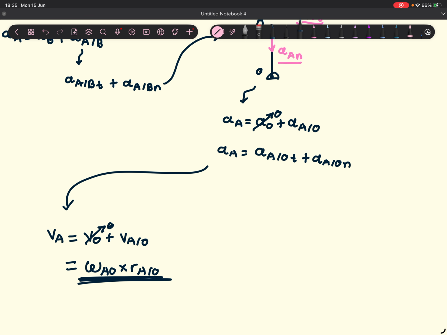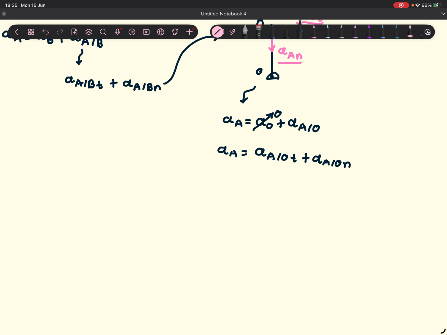So in this case, we can further decompose the tangential component.